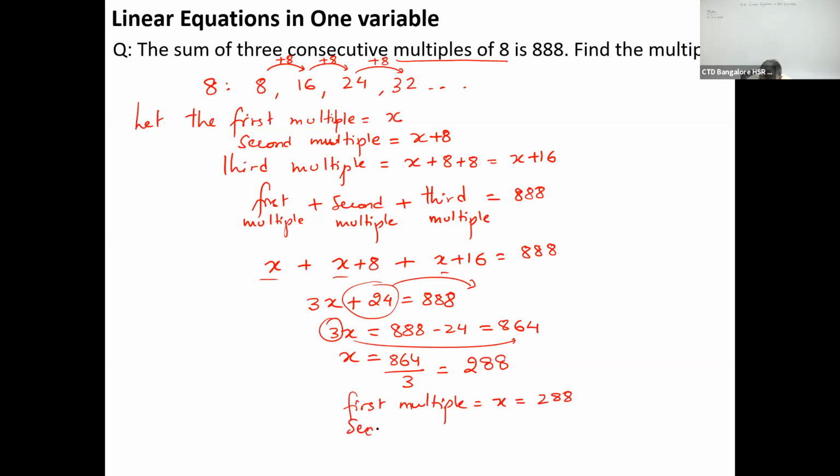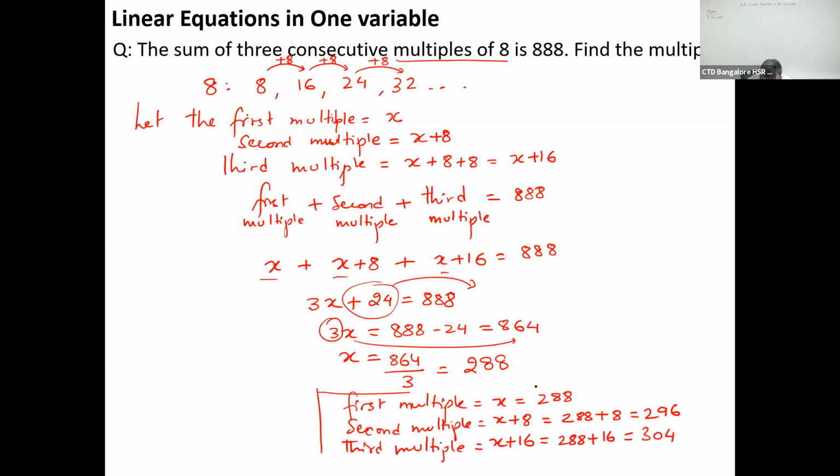Second multiple, we should add 8 to this, x plus 8, which is 288 plus 8. How much is that? 296. And the third multiple is x plus 16, which is 288 plus 16, and that would be 304.